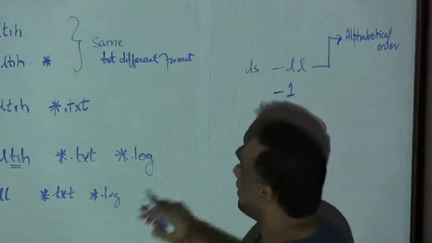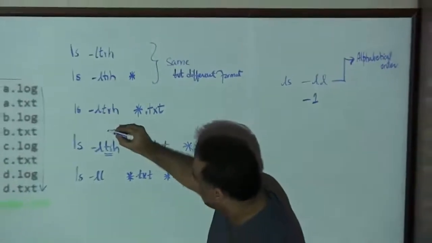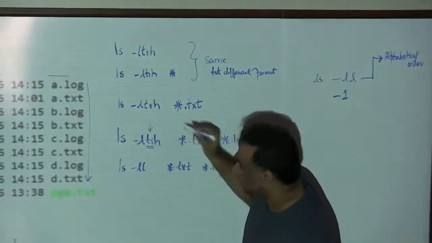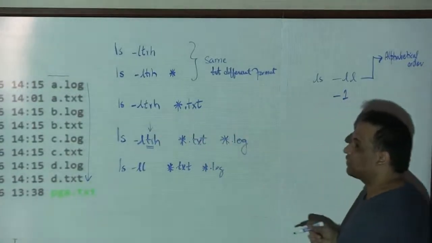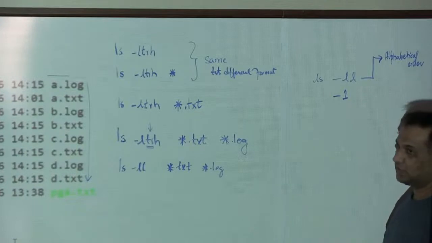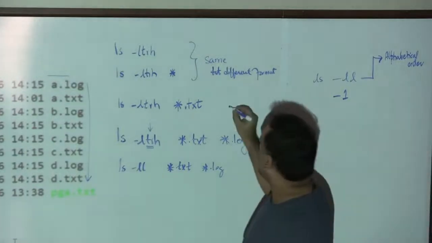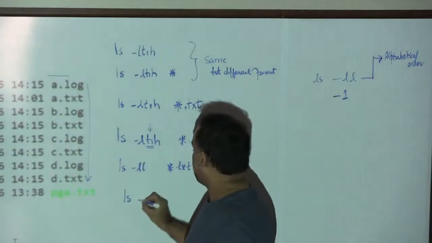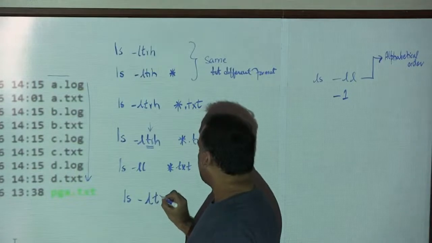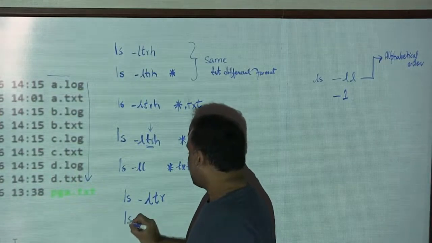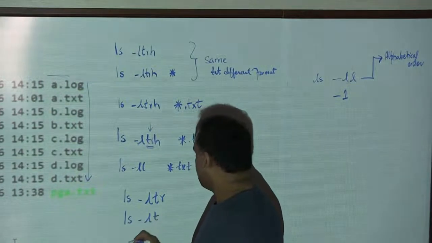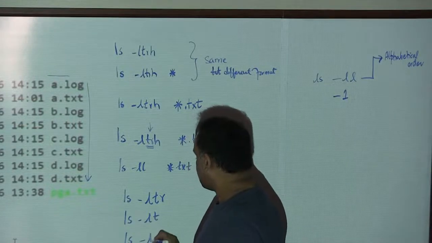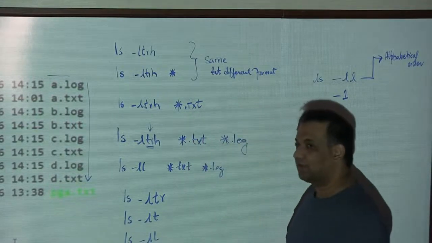If I use -ltr, that means it's not in alphabetical order, but in a timely fashion. Whichever gets created first, it is going to show me that. But if I just say ls -ltr versus ls -lt versus ls -ll, what do you see as the difference?